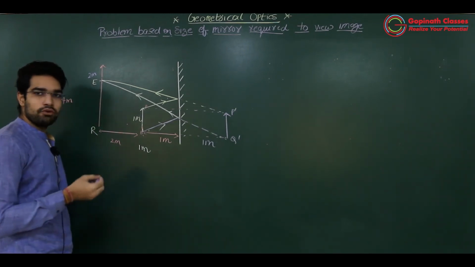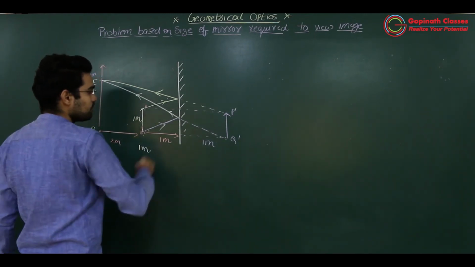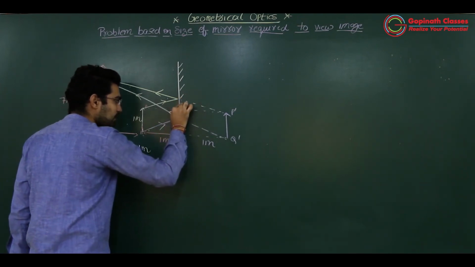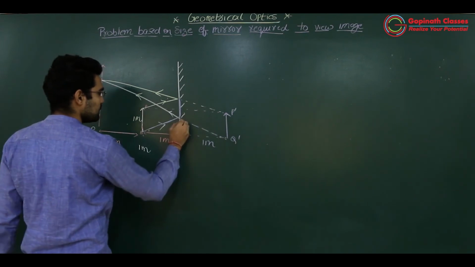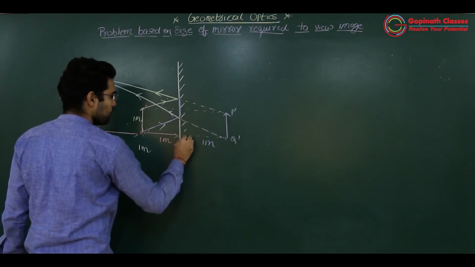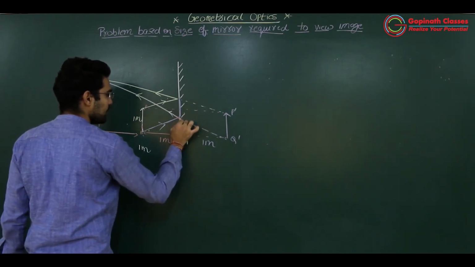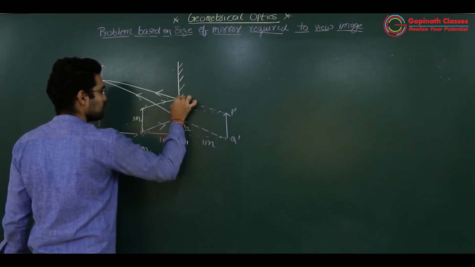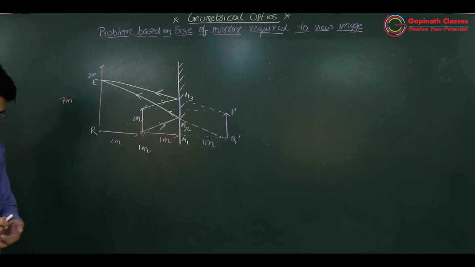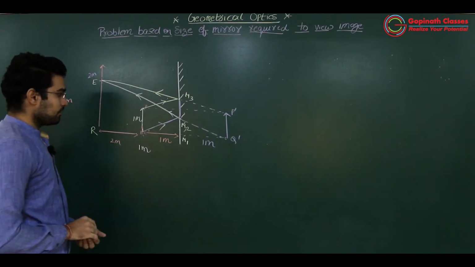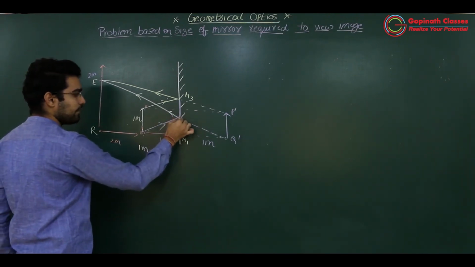Now we have to calculate the size of mirror. So only this part we have to calculate. So I am just saying this one is M1, this point is M2, M3, and now first we have to calculate M1 M2 this point.